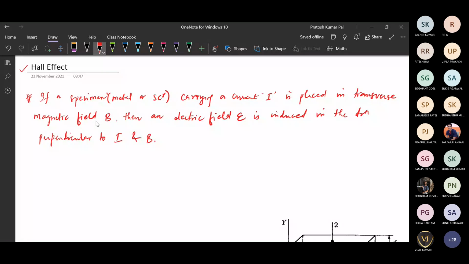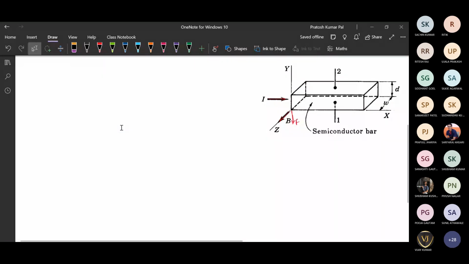So here the direction of the field will be in the opposite y direction, and that will be perpendicular to the magnetic field as well as the current direction. So here we have assumed this is one of the surfaces of the semiconductor or metal, the specimen we have placed. Suppose this is surface 2, and the downward surface we consider as surface 1.